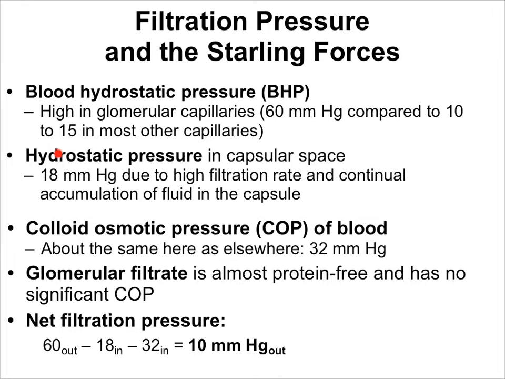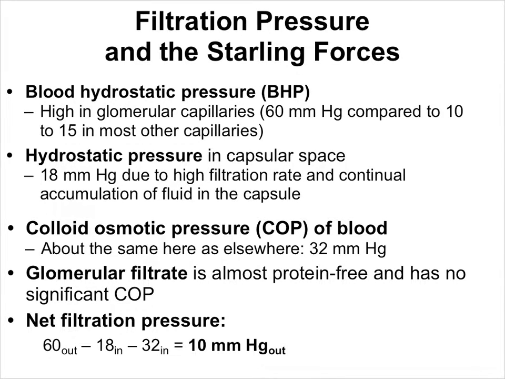The hydrostatic pressure in the capsular space, this is going to depend upon how much filtrate you're making. The faster you make filtrate, the faster the capsular space builds up, the more back pressure it exerts. It's also going to depend on your rate of urine drainage. If, for some reason, your kidney gets blocked up, for instance, with a kidney stone, then that filtrate won't be able to drain away, and that back pressure can build up dramatically.